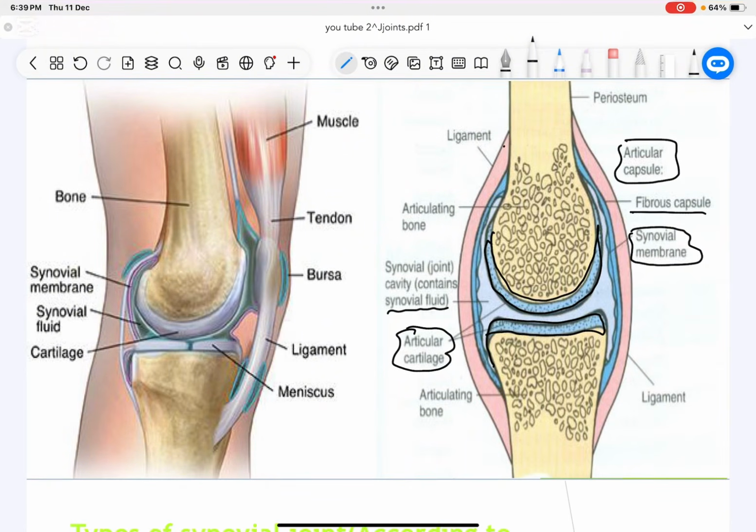The joints are held by ligaments. Inside the joint, sometimes there might be a fibrocartilaginous pad which divides the joint cavity into multiple compartments. It is called menisci.